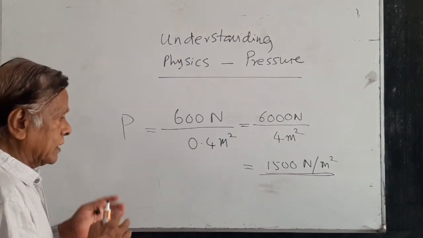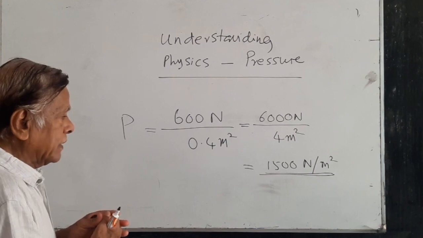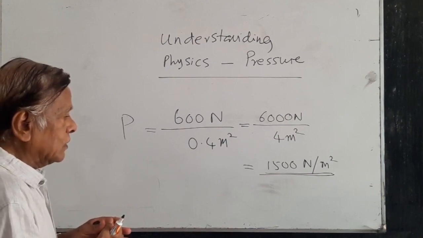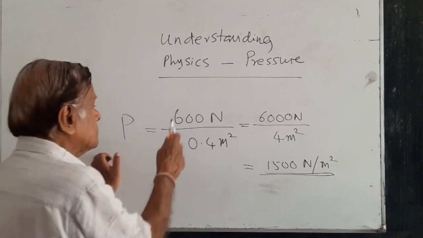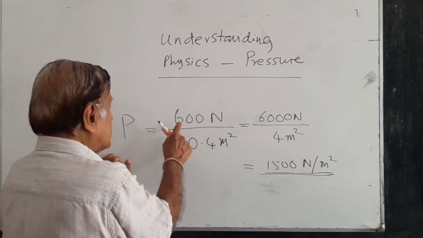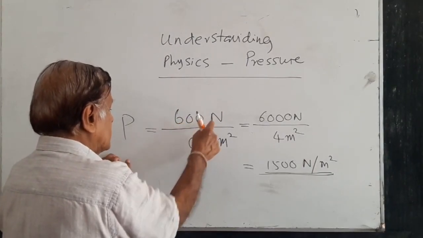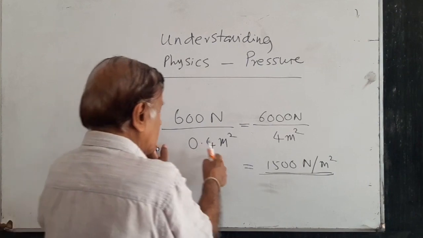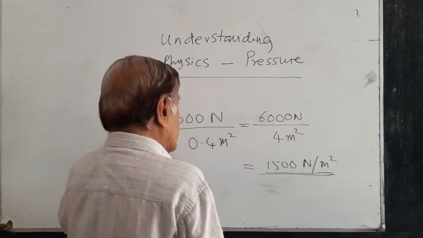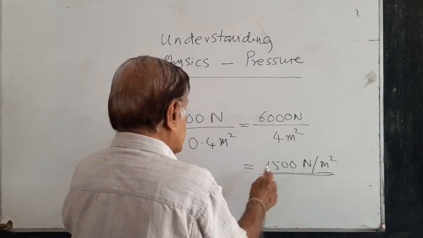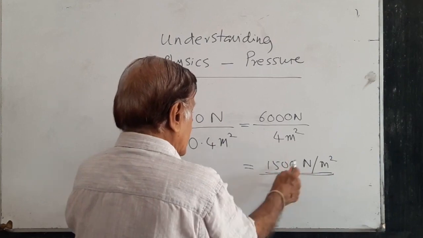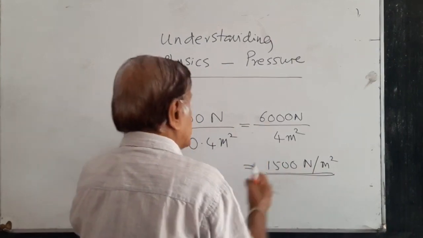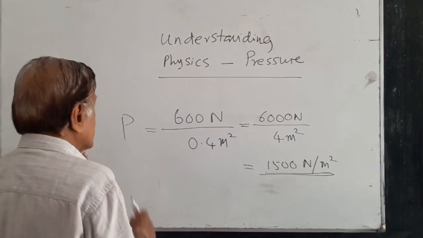According to SI units, unit area is 1 square meter. Now, if 600 newtons of force is applied on this area, on 1 square meter, it will be 1,500 newtons. This is the pressure exerted there.